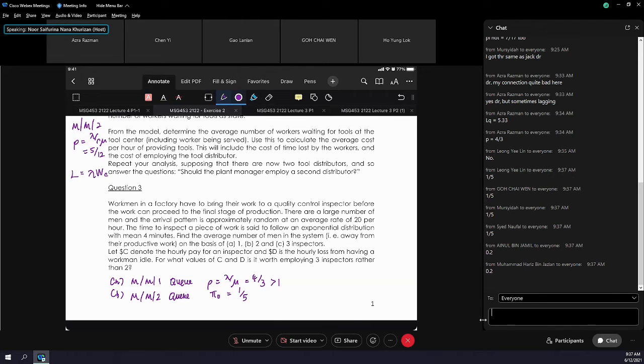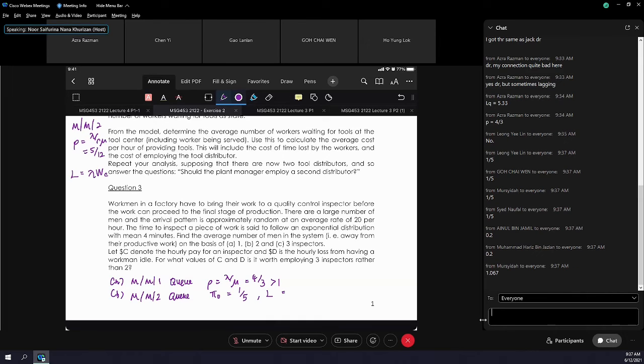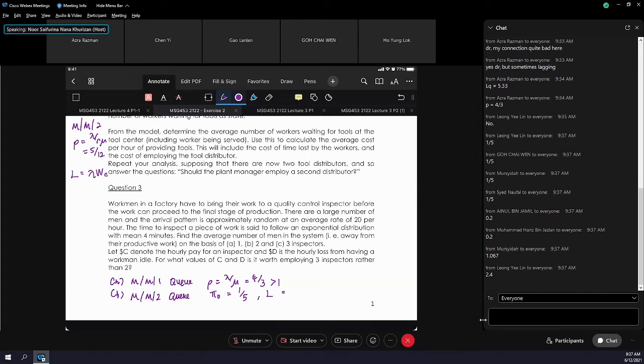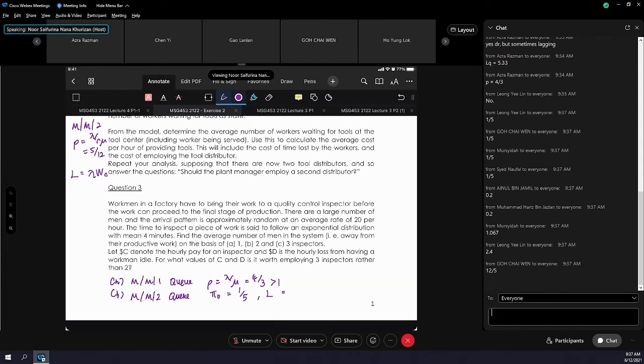And then your L, which means the average number of men in the system, your L or your LC should be equal to, what did you get? Right, good job. I know Haris also got 0.2 for pi note. And for your L, what did you get?